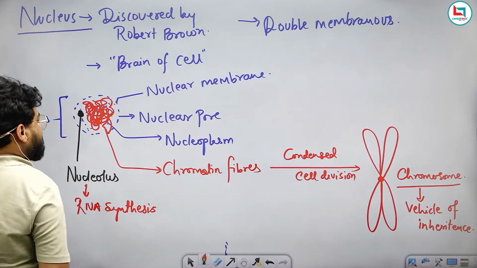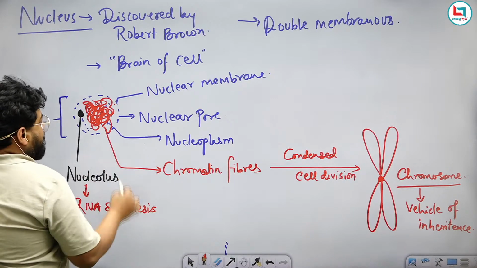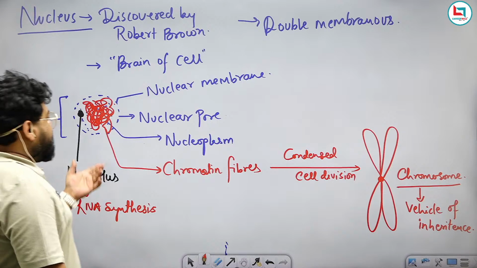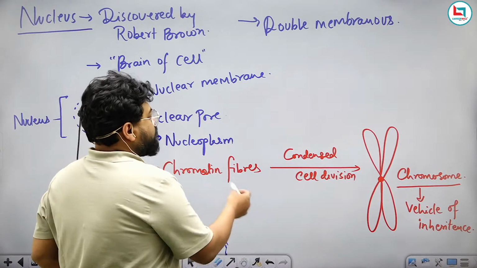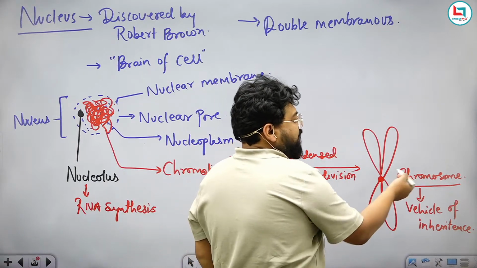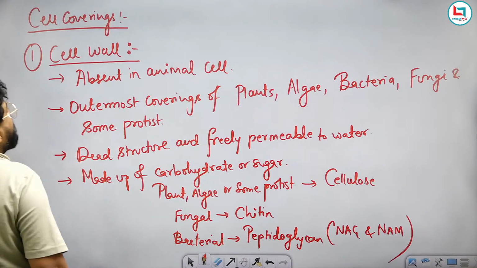In this nucleoplasm, we find a dense structure called nucleolus, and the function of nucleolus is RNA synthesis. And inside the nucleoplasm, we find a highly coiled structure, chromatin fiber, which during the time of cell division gets condensed and takes the shape of chromosome, and these chromosomes serve as vehicles for inheritance.